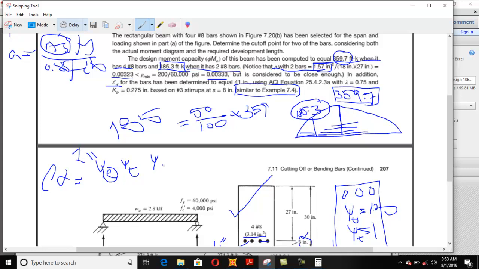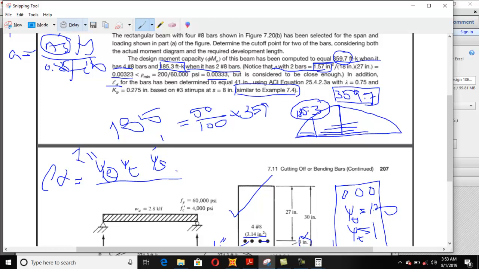Psi t will be 1, and the next third factor is the size factor, psi s. So the bar is more than 6, so this factor will also be equal to 1. Clear? And the rest of the things you need to use.